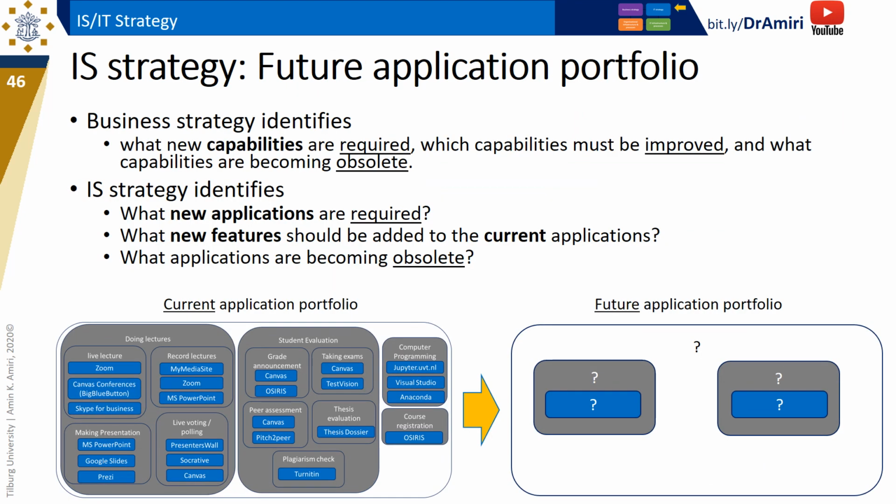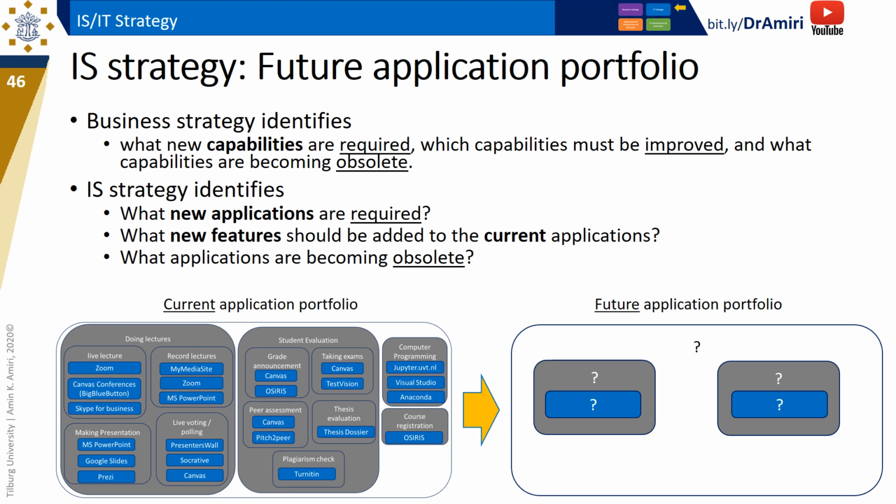So a business strategy identifies what new business capabilities are required, which capabilities must be improved, or what capabilities must be removed. Let me give you an example of Tilburg University. Due to the corona measures, we had to strengthen our live lecture capability.